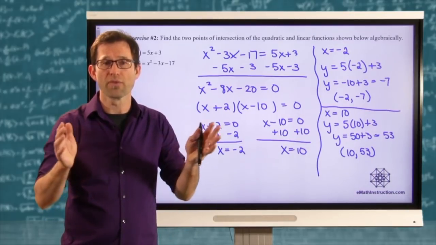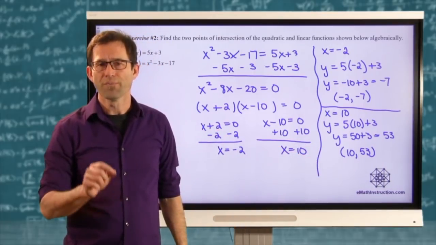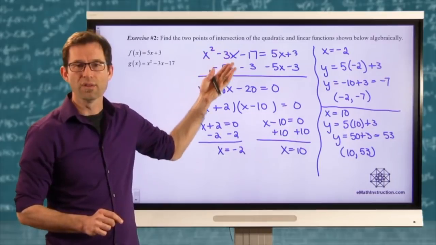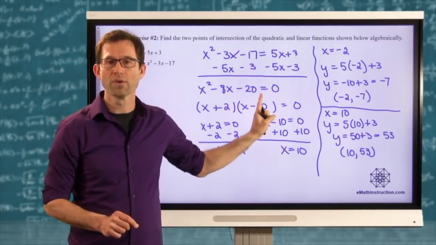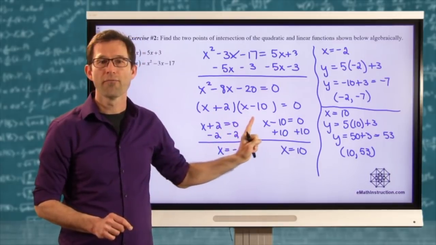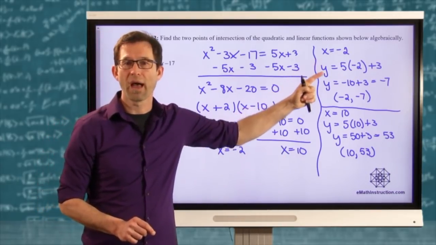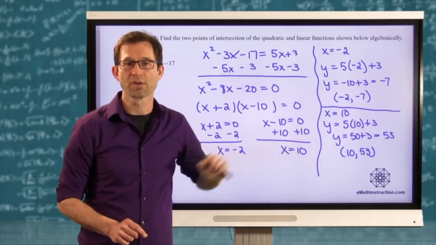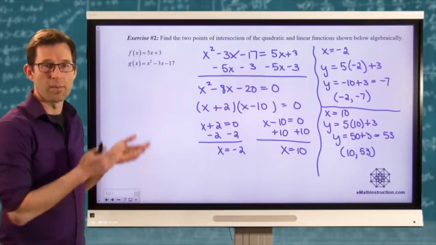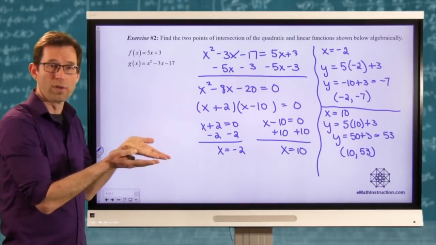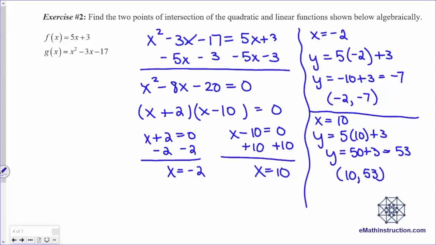You could continue to make the window large enough to find this intersection point, but still, it would be more challenging than just setting the two equations equal, rearranging the quadratic equation so it was set equal to 0, factoring using the zero product law to find the zeros, and then back substituting to find the two intersection points. Easy enough. All right, let me step out of the way and you can look at the work, write down anything you need to, and then we'll move on.